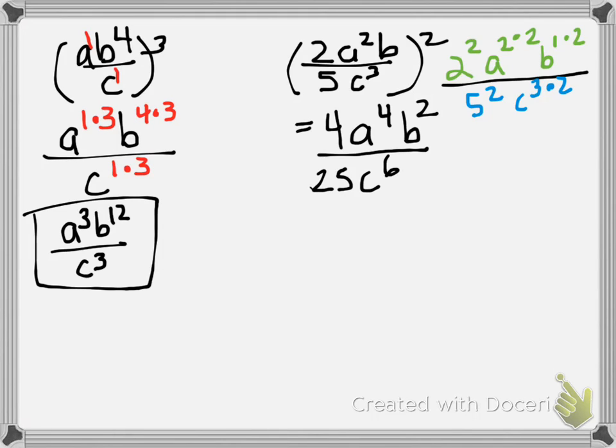Okay. Now, is there any simplifying that I can do at this point, Cameron? No. Okay, why not? There's no 6 on 25.